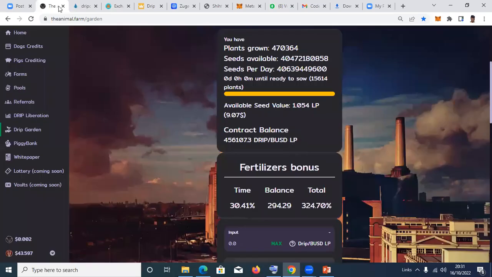Currently, my money works for me. So I would like you to look at the time here. It's 8:32, and look at my balance. Balance here, this is 9.08.